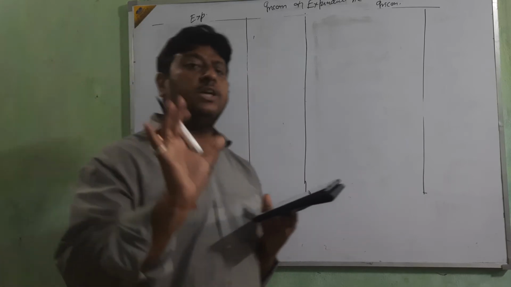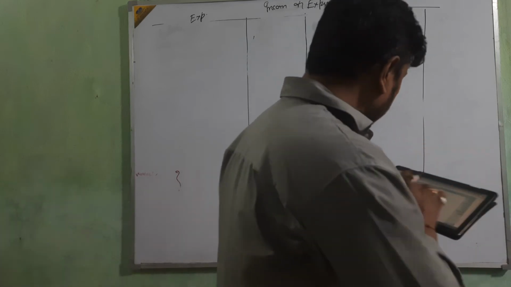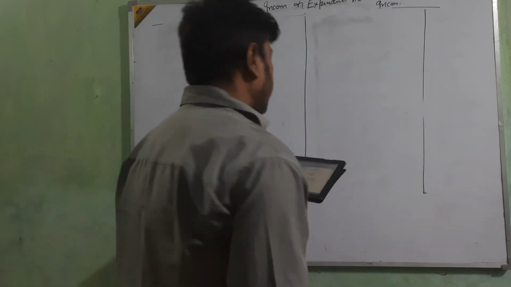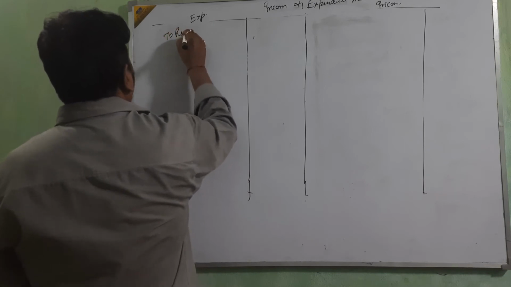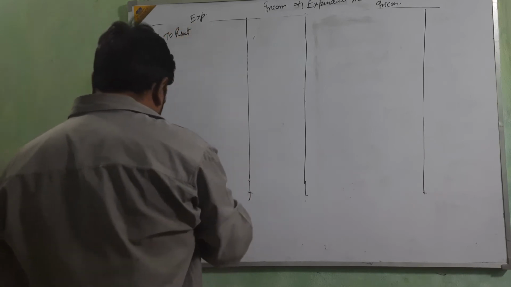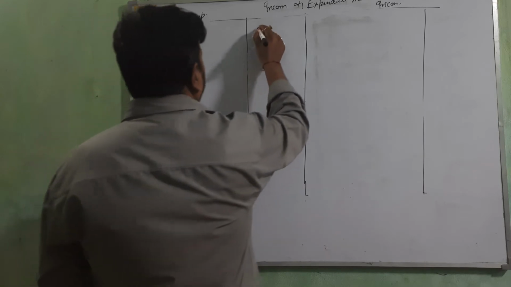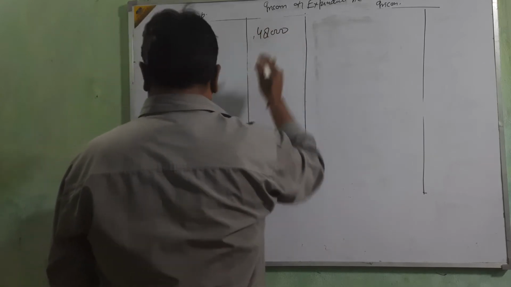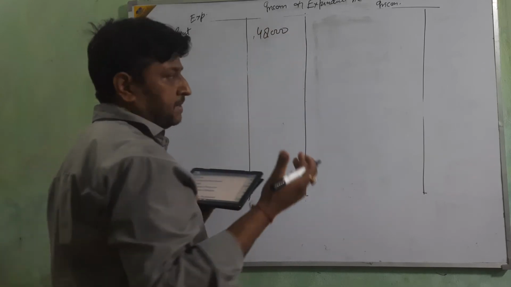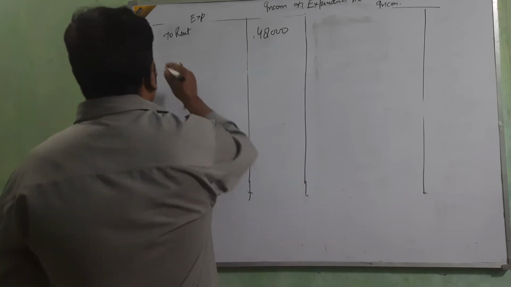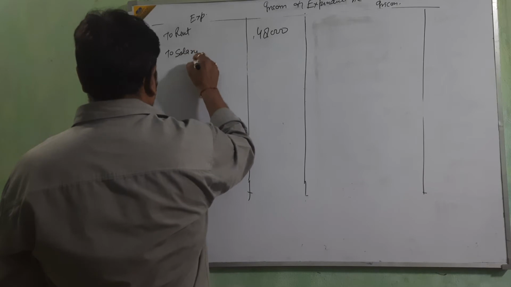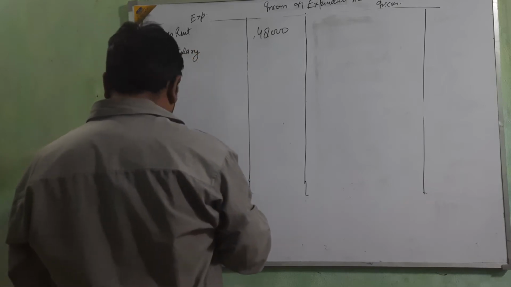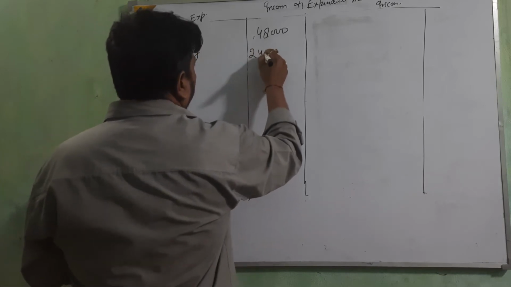Okay, now I am going to start the question. Let's start from the expense side. First is the rent. Write down rent, and amount is 48,000. Then next, furniture purchase we are not going to take. Salary amount is 2,40,000.